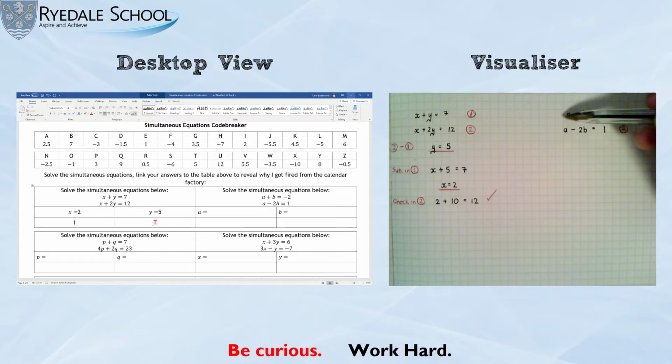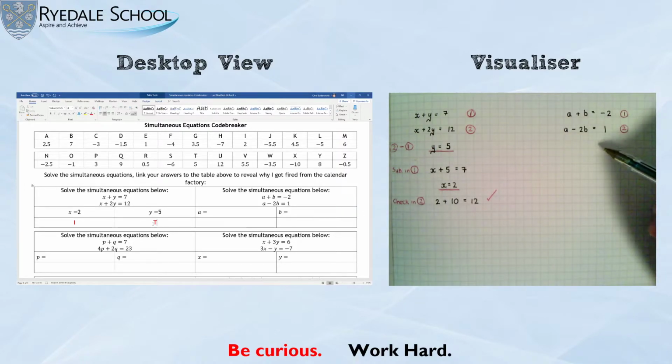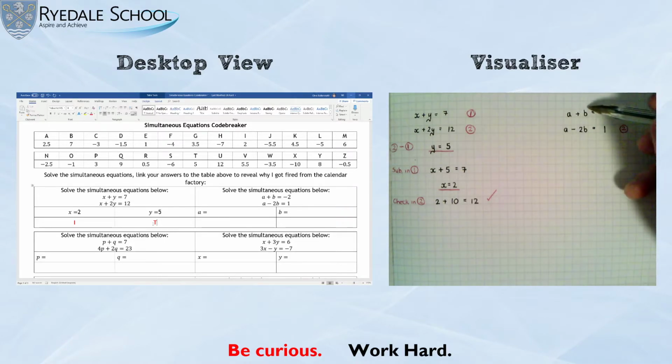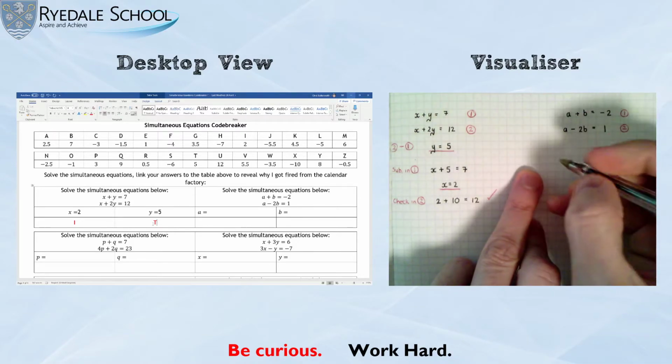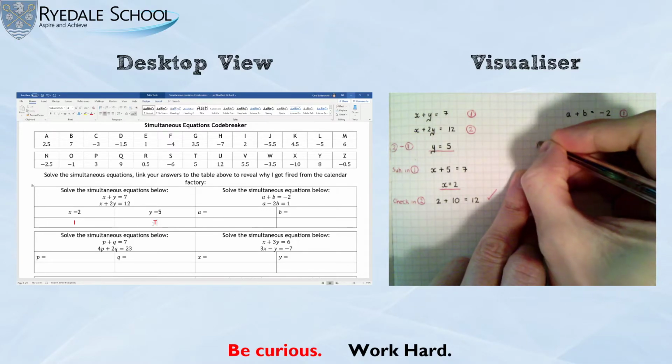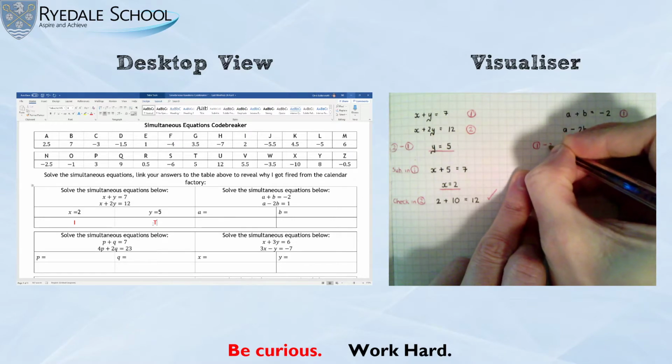Adding won't work because an a add an a would be 2a and it's not disappeared, so I need to subtract them. The more sensible order to do the subtraction in this time is 1 take away 2. And the reason why I'm going to do 1 take away 2 is that will give me a positive number of b, but we're still going to have to be careful doing 1 take away 2, as I will illustrate in a moment.